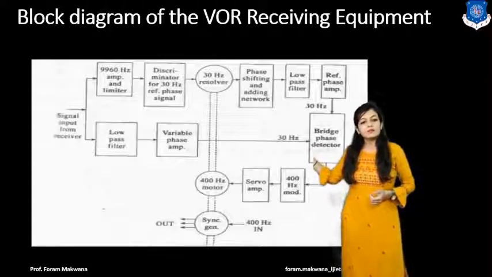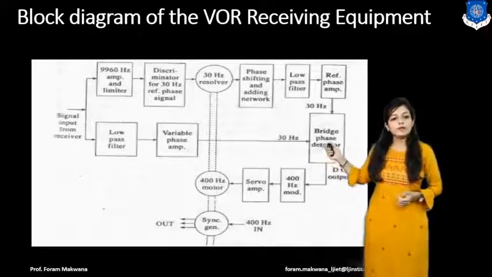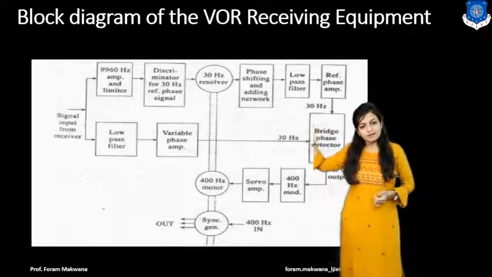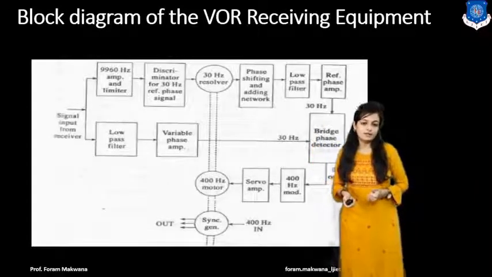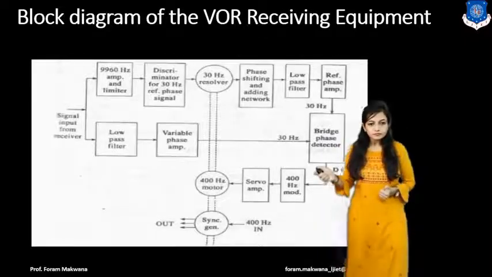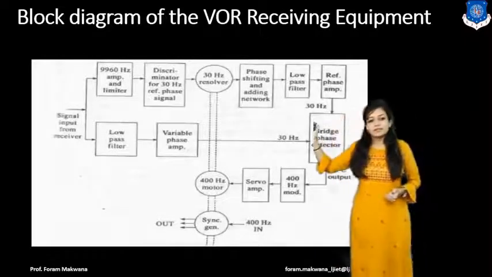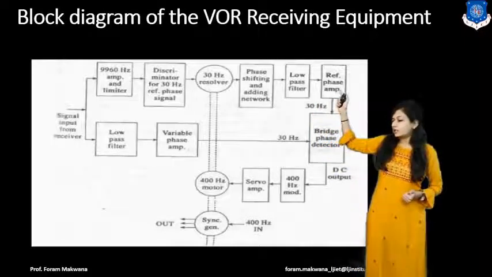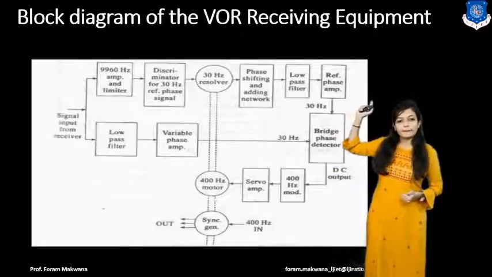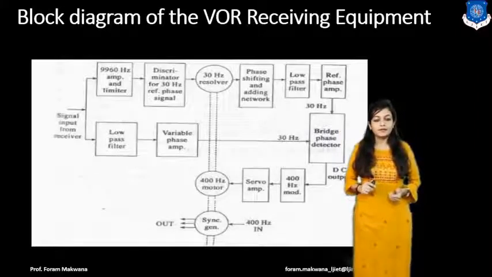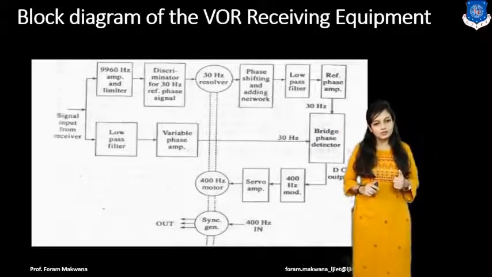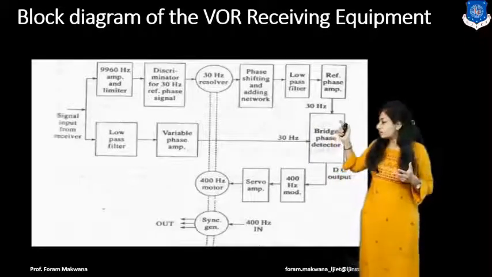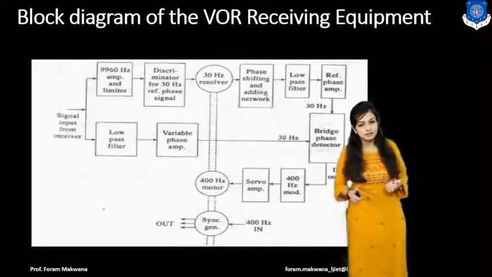The signal from the receiver is applied to the limiter as well as an amplifier and to the low pass filter, right? After the signal is amplified, we apply it to the discriminator. Why? To identify the different frequencies, for the 30 Hz reference phase signal.